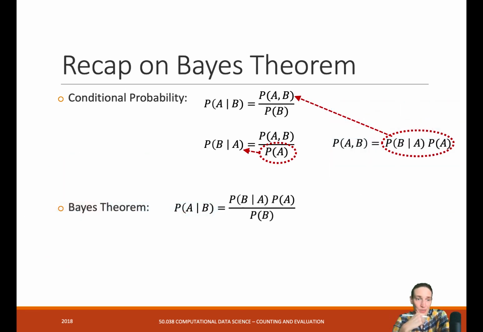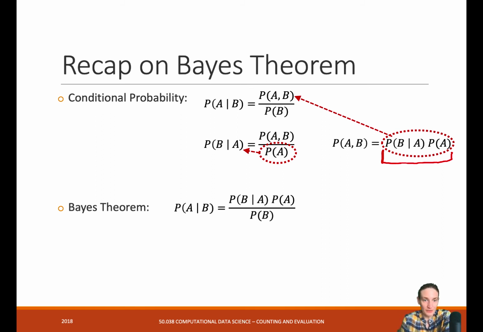Right. So we can rewrite this a little bit, because we can express the probability of the union of A and B as the probability of B given A times the probability of A. Why do we want to do that?